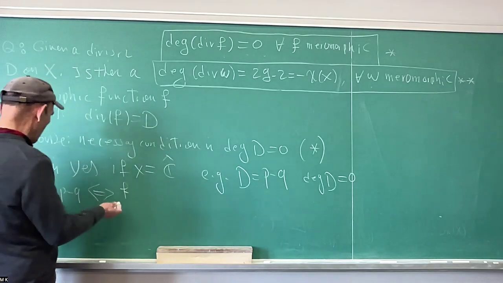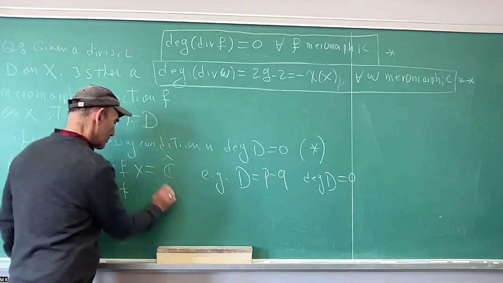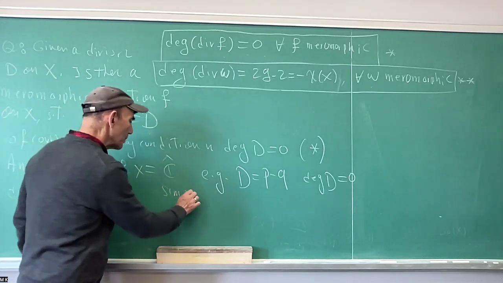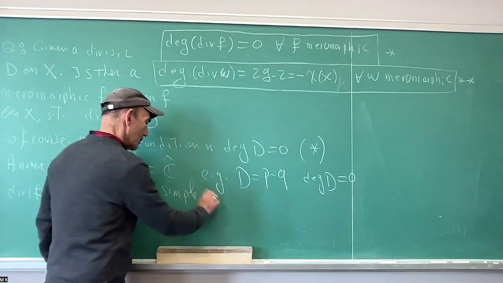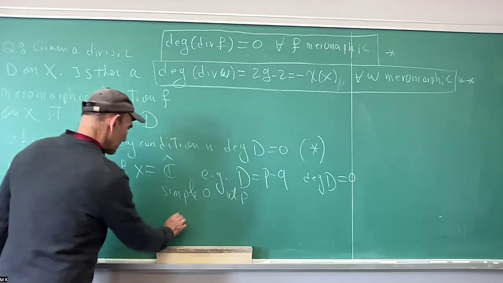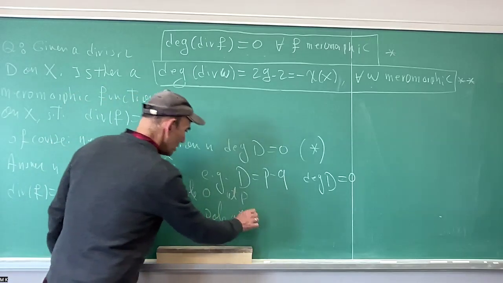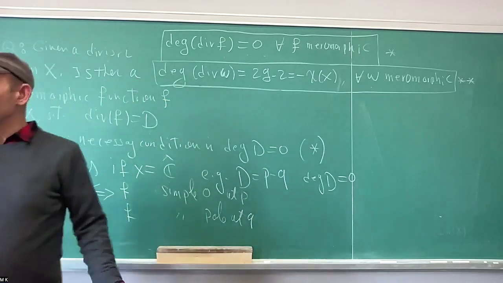So if the divisor of F is equal to P minus Q, it means that, if and only if, F has a simple 0 at P and F has a simple pole at Q, and there are no other zeros or poles.